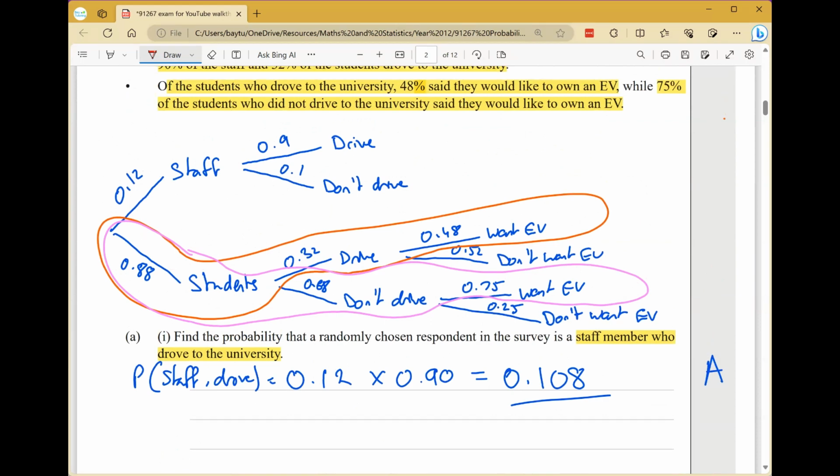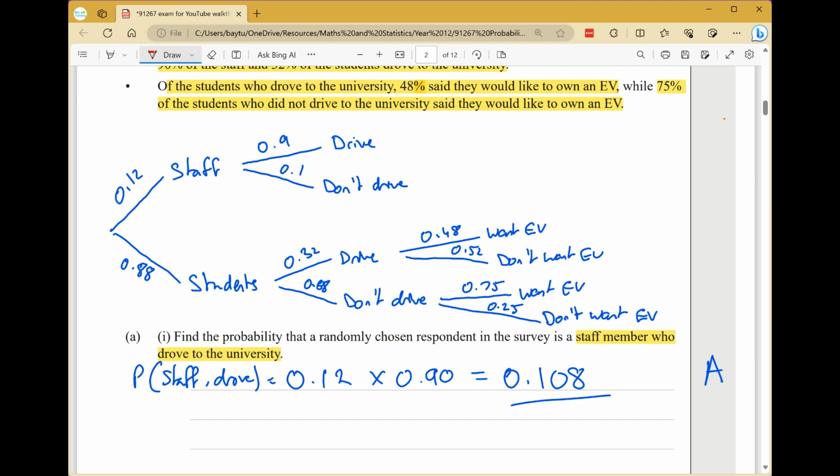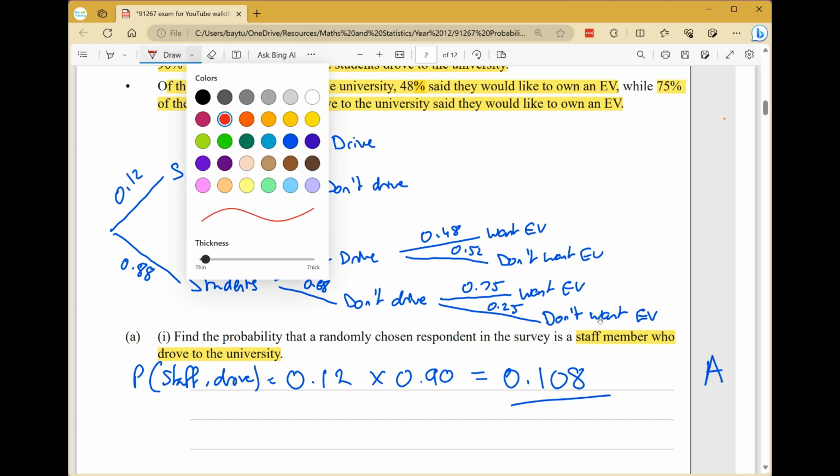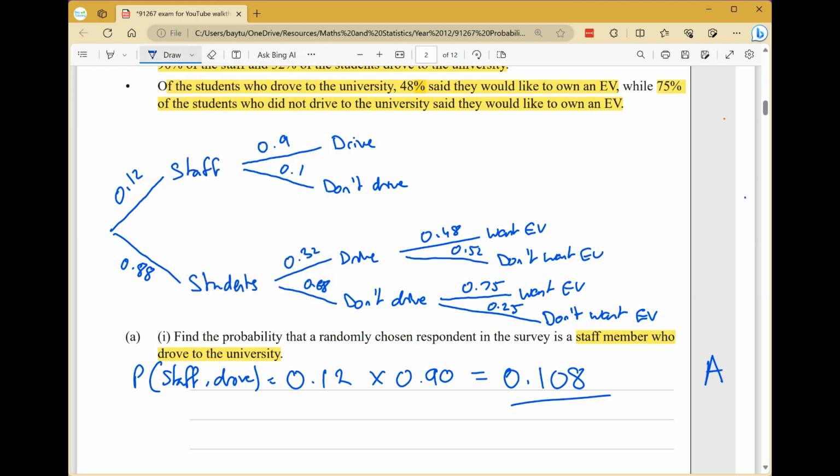So if we get rid of these, we don't need those anymore. We've been told information for the staff about whether they want an EV or not. So for the staff who drove, 52% said they would like an EV.